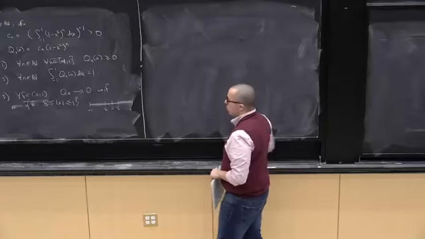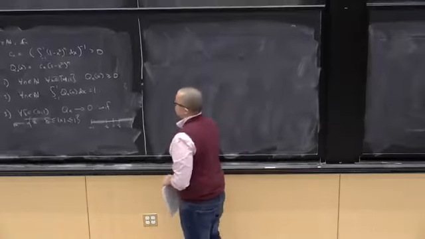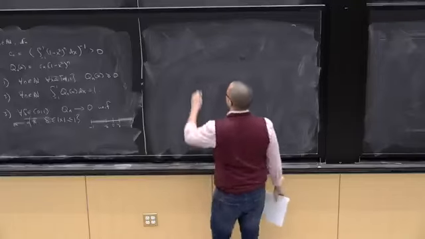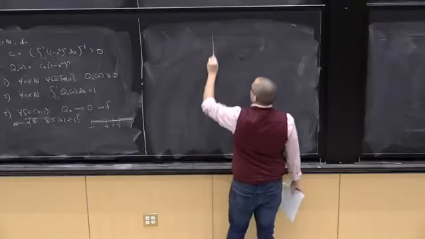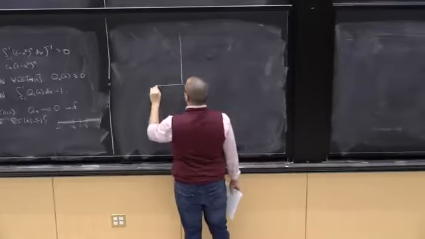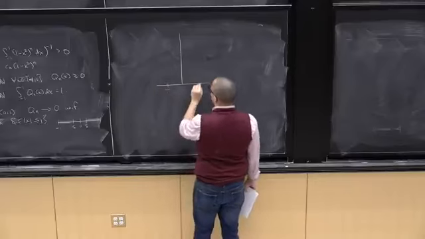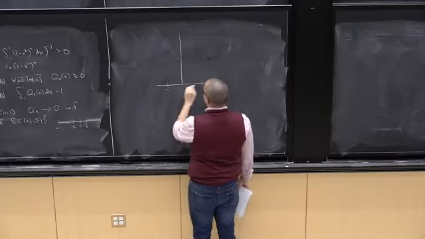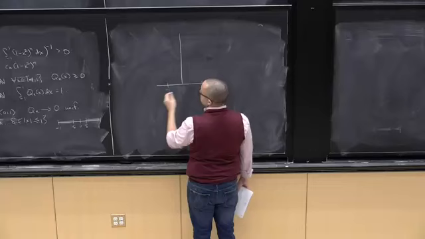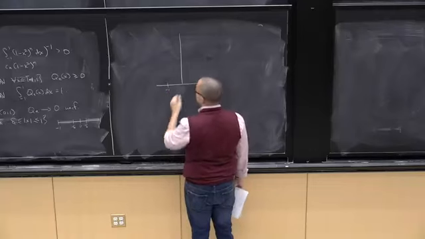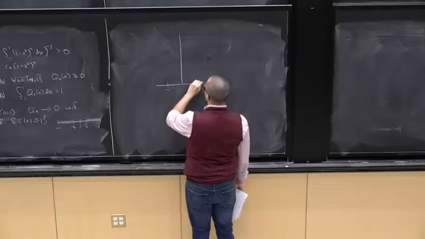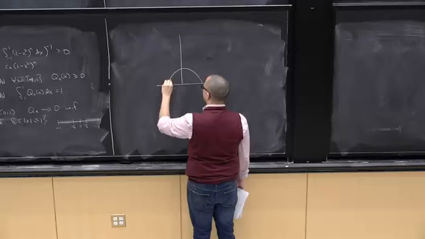Okay? So what is the picture of what's going on? What do these q sub n's look like? So here's minus 1, here's 1. So kind of the first one looks like some constant times 1 minus x squared. So there's the first one.